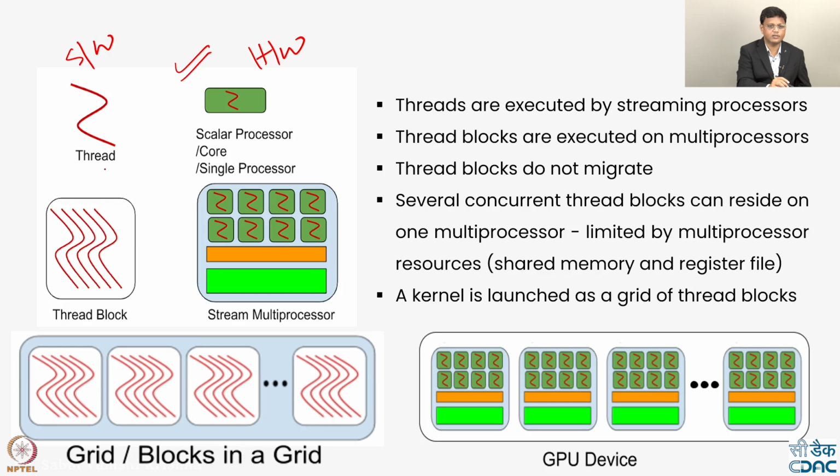It is a single thread, and this single thread is mapped onto a single compute core or compute unit. They are basically called by different names: scalar processor, single processor, core, CUDA core, etc. But NVIDIA calls it a streaming processor.